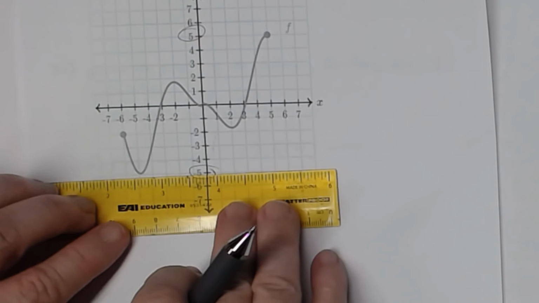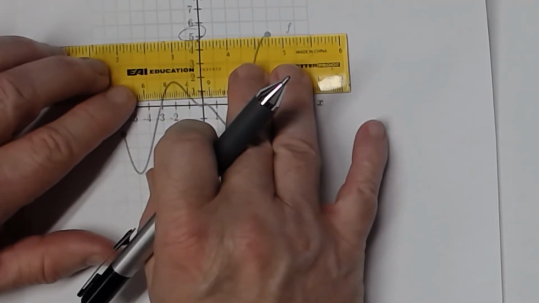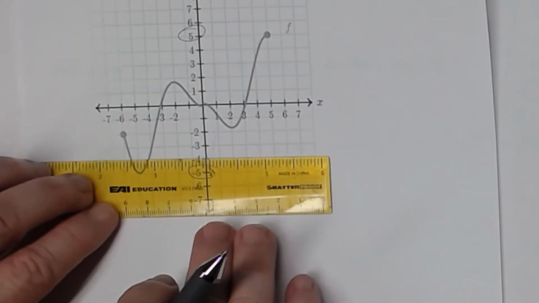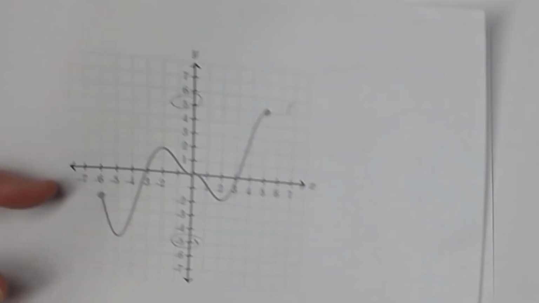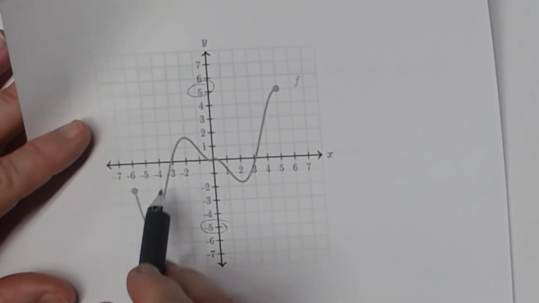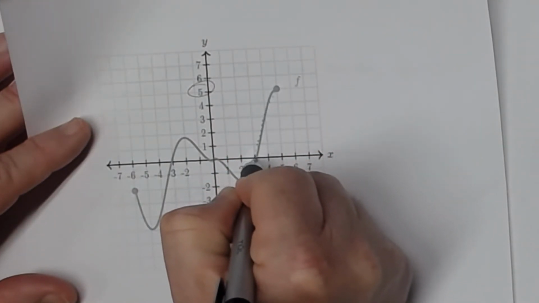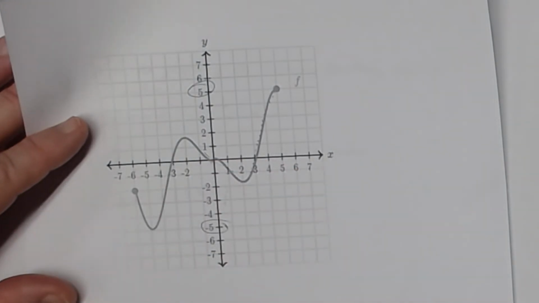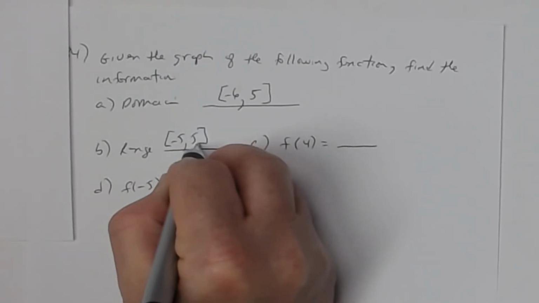So my range is going to be from negative 5 all the way to a positive 5. And again, brackets, because there are no open circles at all. These are all closed points, points on the graph. None of them are open circles. So you're going to say bracket negative 5 comma 5 bracket.